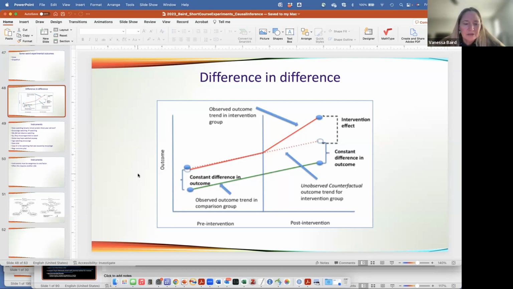And so what they'll do is they model time series before the intervention, and then they model time series after the intervention. The reason they do that is because time series is going to time series, so to speak. It's going to trend with a bunch of other variables.